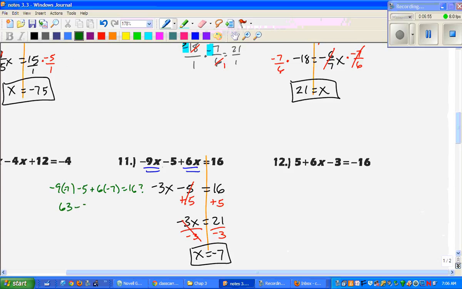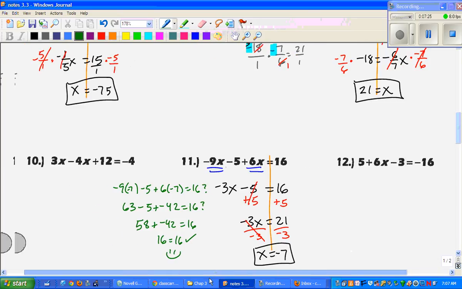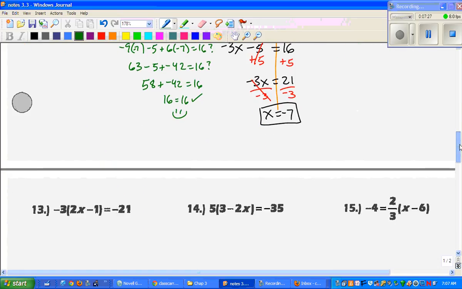So 63 minus 5 plus negative 42 equals 16. 63 minus 5 gives us 58 plus negative 42 equals 16. And we are happy. I'm glad that I can still do all this math without using a calculator. All right, let's flip it over.